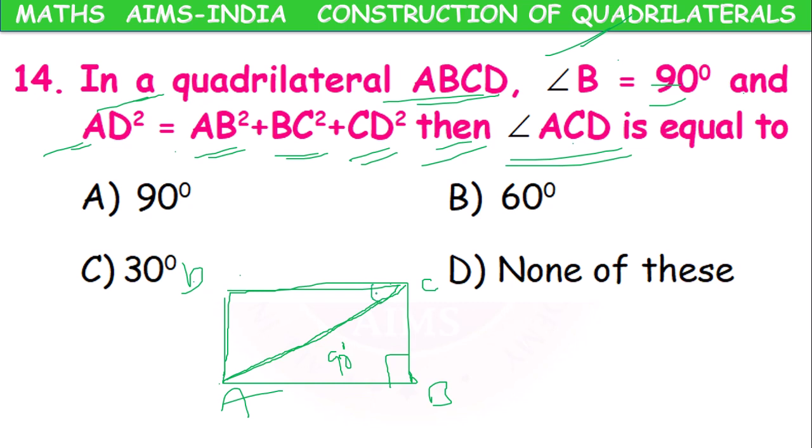This part, how much are they asking? This part how much? They have given AD square equal to AB square plus BC square plus CD square.